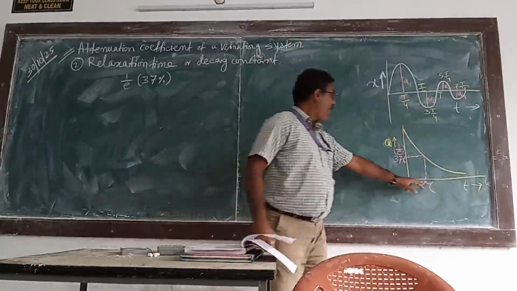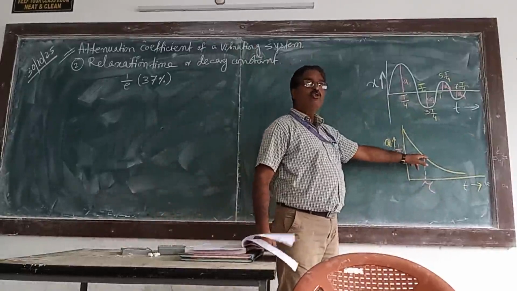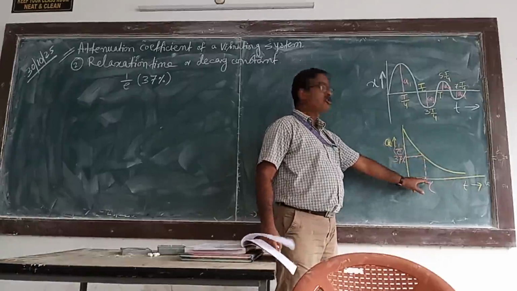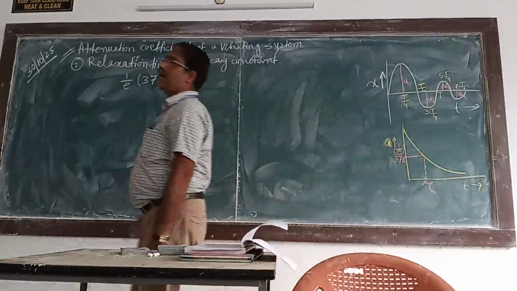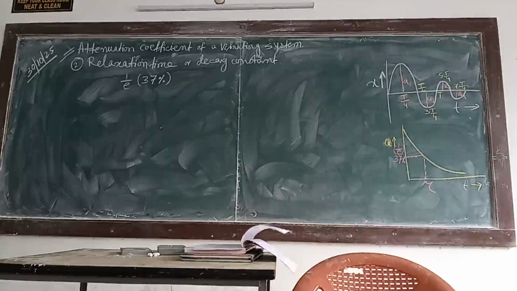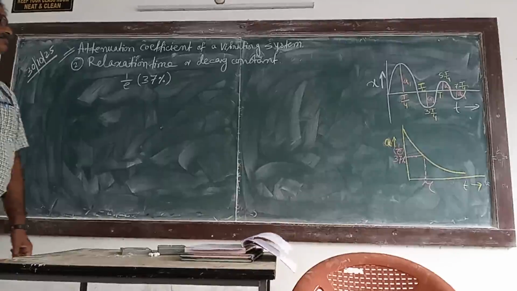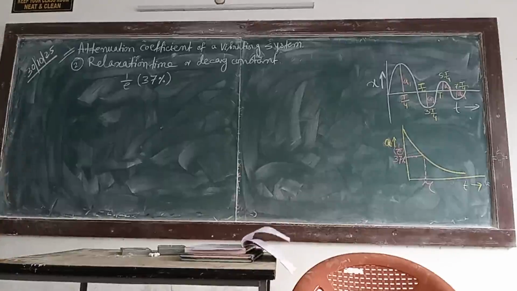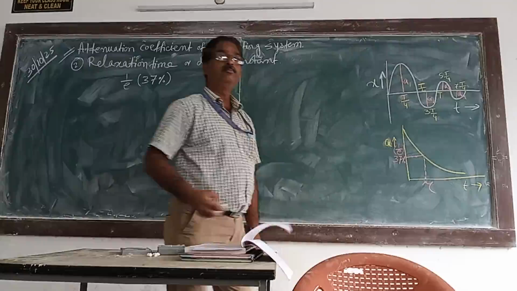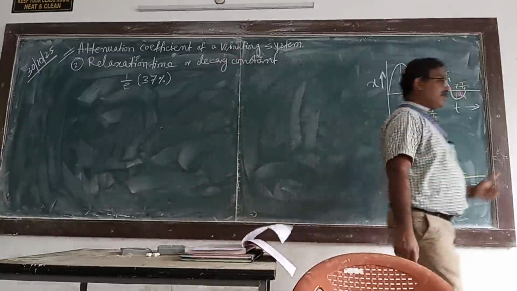The time at which the amplitude falls off to 37% is called the relaxation time or the decay constant.